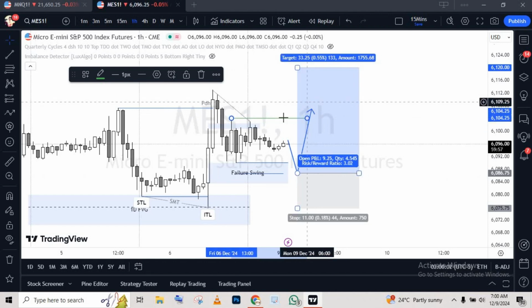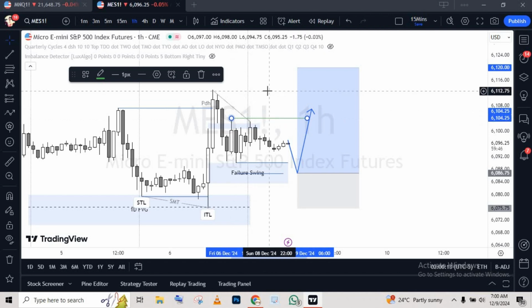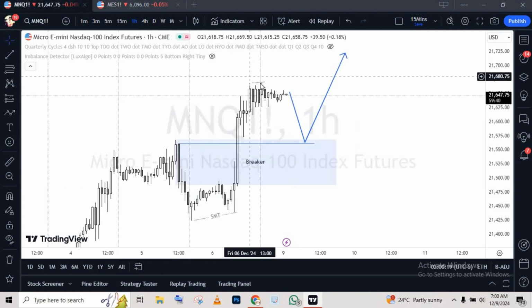But if we come here and then it rejects, then I'm going to remain neutral on the day, because that high is a determining factor for my buyers today, because we are already having an SMT from picking the previous week high. So NQ has already picked last week's high right here this morning. So I'm really, really looking for this to play out.